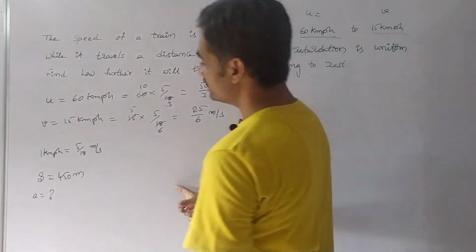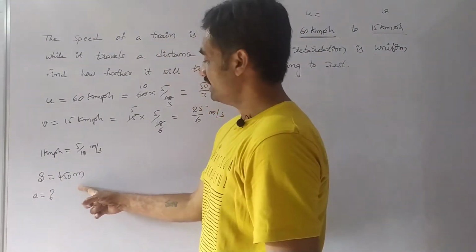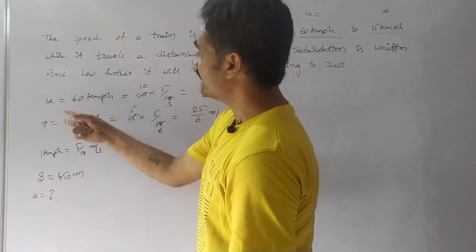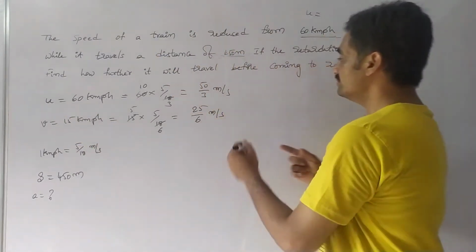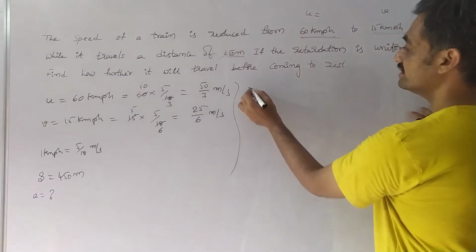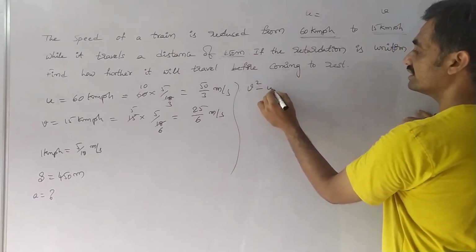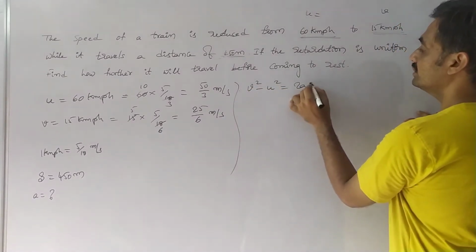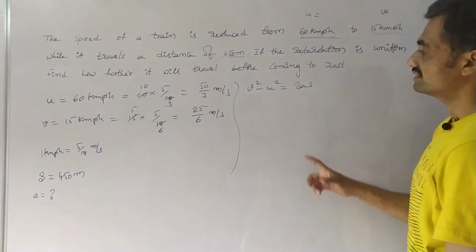As you observe, the distance is given, and we have to find acceleration; initial and final velocities are there. As the time is not given, we consider the equation v square minus u square equals 2as.